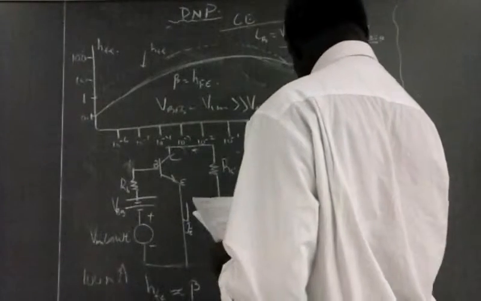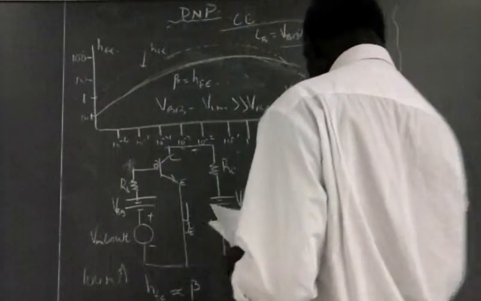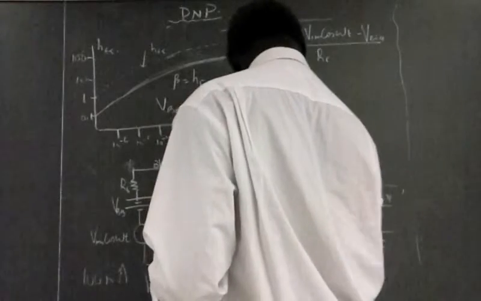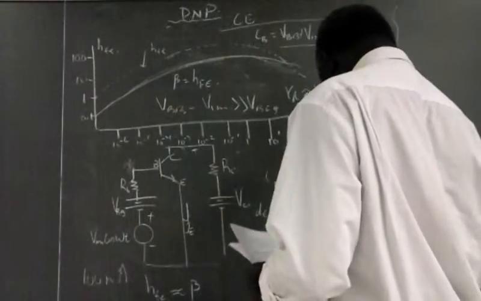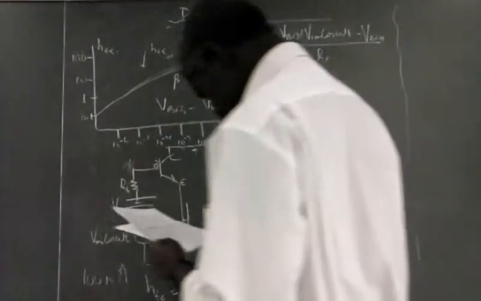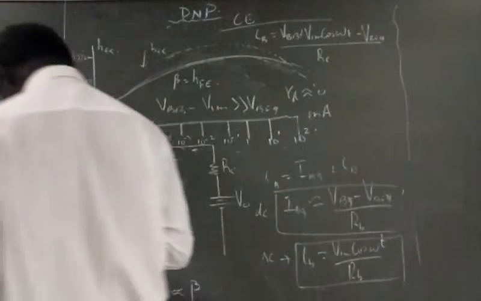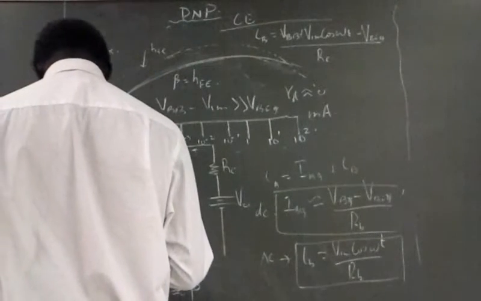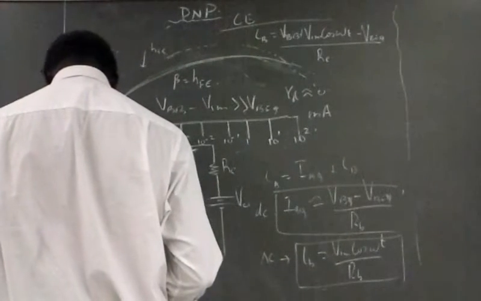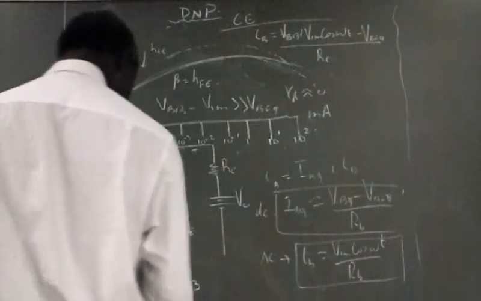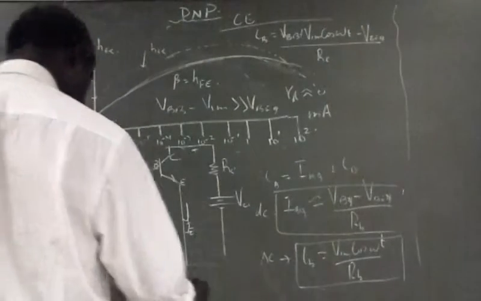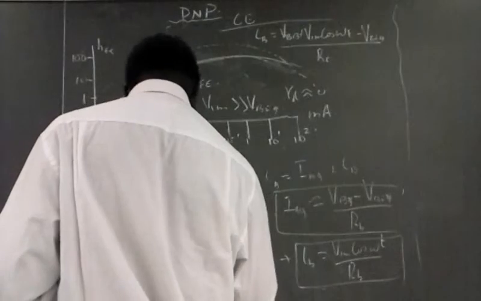So the DC component and the AC component. The collector current would be now I_C.